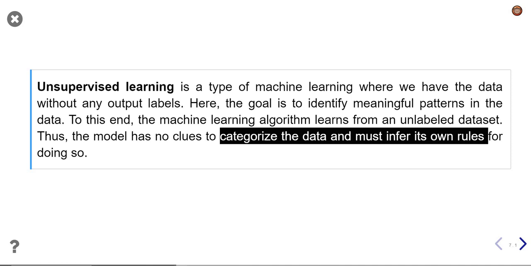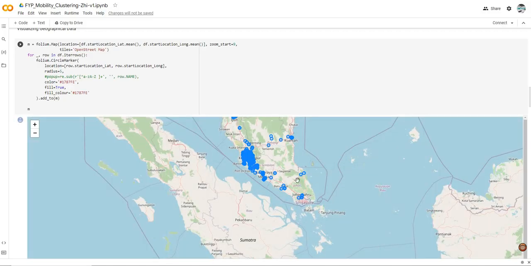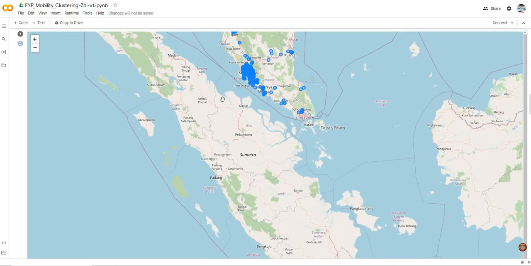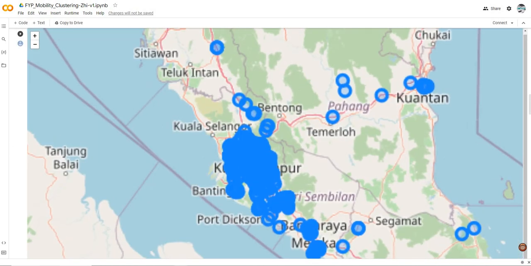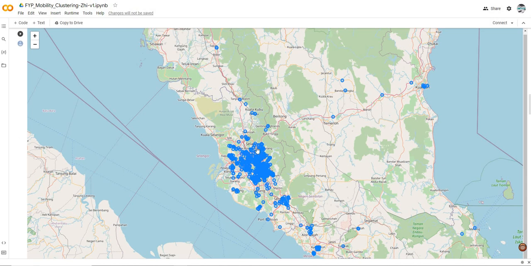I cannot be predicting the latitude data. But what I would want to see is when I plot those, let me see if I have it here or not. Yeah, I have it here. This is an example. This is the plotting of all the latitude and longitude data. I'm not predicting anything. What is there to predict?